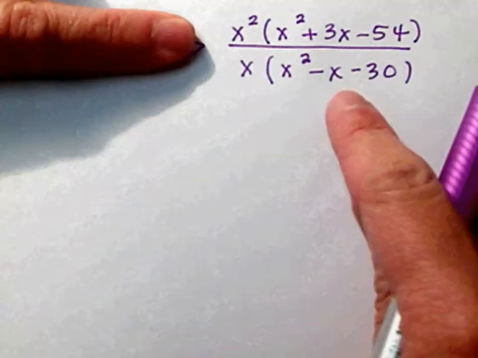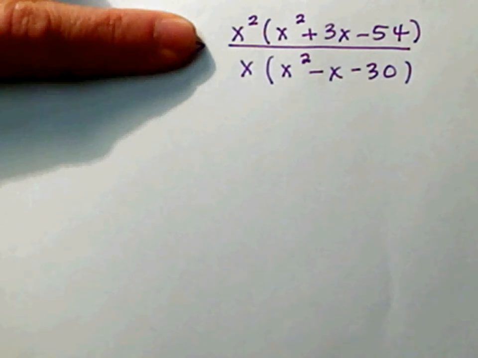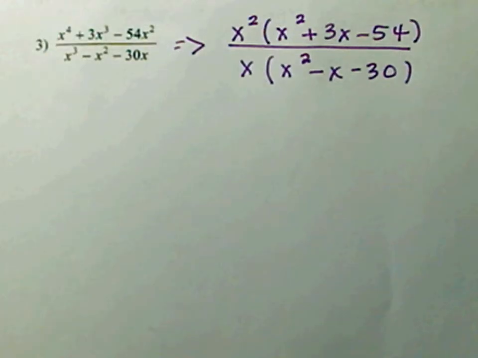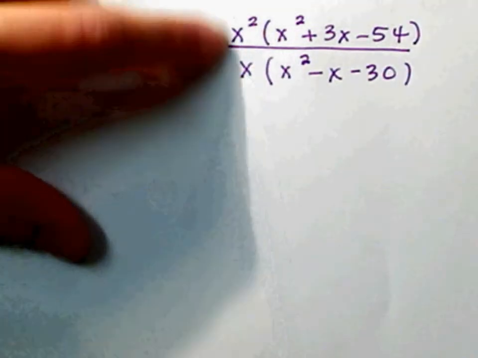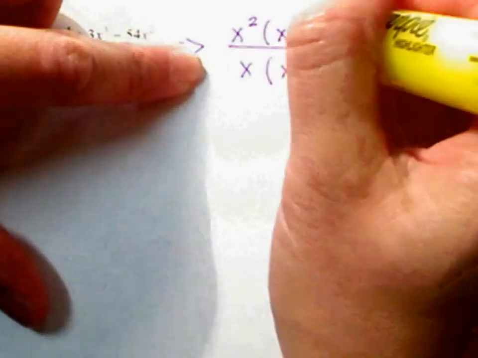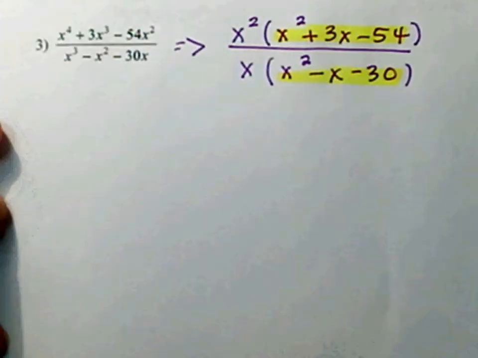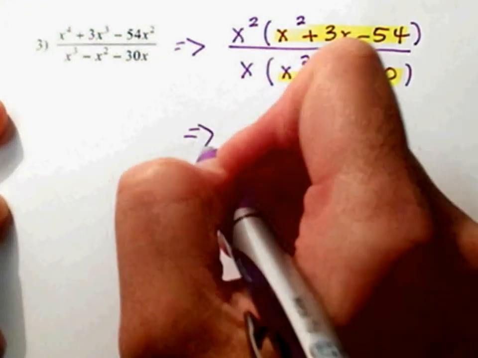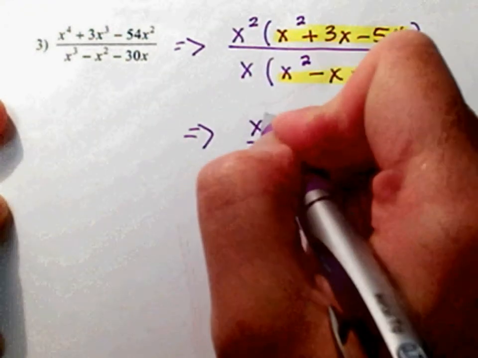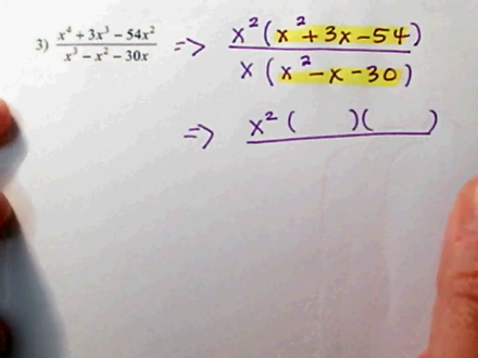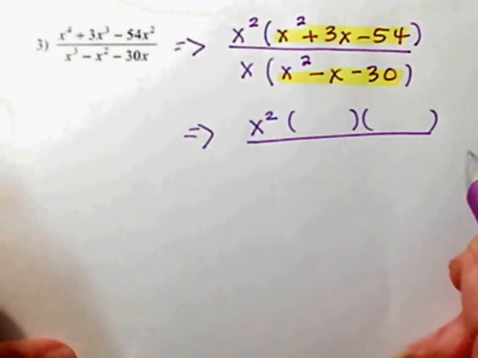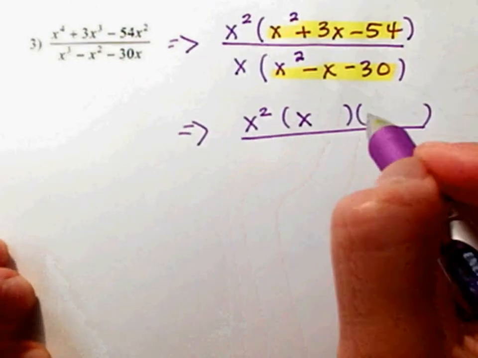Look at this part. What do you notice that you can factor down some more, so you can cancel a few things? If you like, you could cancel these out or reduce it at this moment. But I'm going to factor each one of my quadratics first. X squared. What are some factors of x squared? X and x.